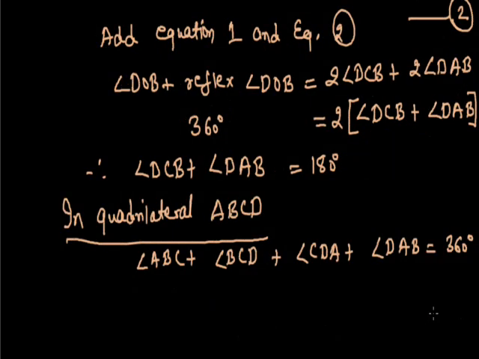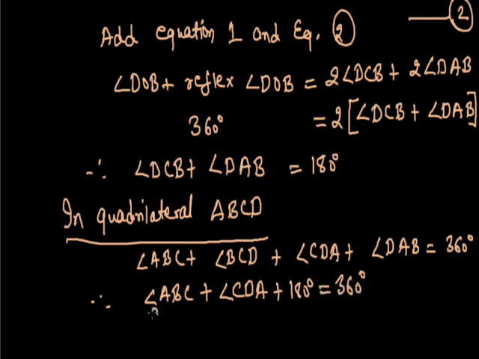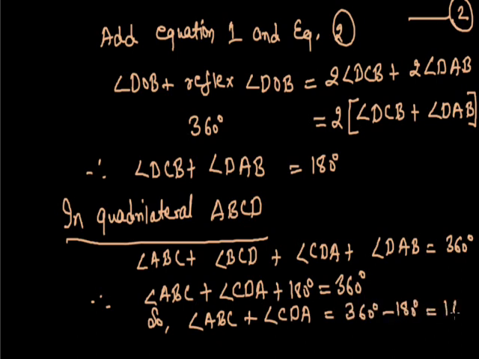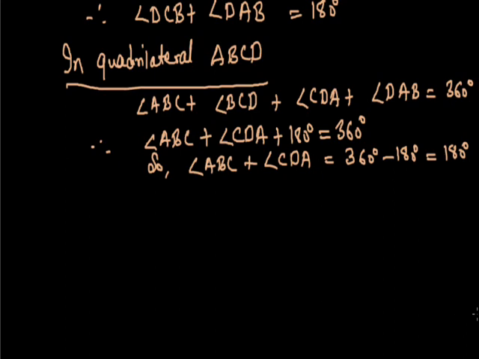Now it is given angle DCB plus angle DAB is equal to 180 degrees. So angle ABC plus angle CDA plus 180 degrees is equal to 360 degrees. So angle ABC plus angle CDA is equal to 360 minus 180, which is 180 degrees. So this is the proof that the sum of either pair of opposite angles of a cyclic quadrilateral is 180 degrees.